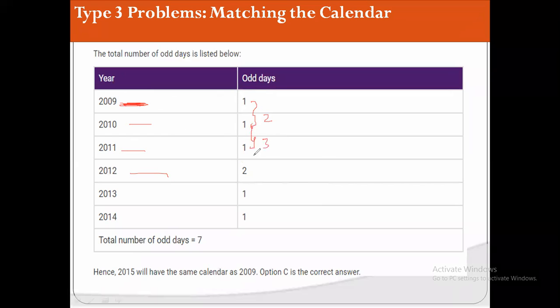So these are cumulative values: 3, 4, 5. In 2013 it is 6, and in 2014 it is 7. So the next year, that is 2015, will have the same calendar year. Like this, we can easily solve this kind of problem.